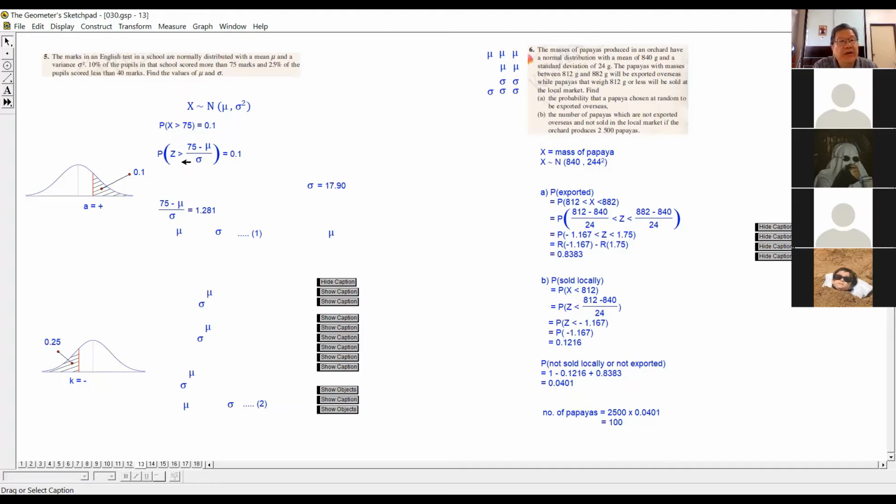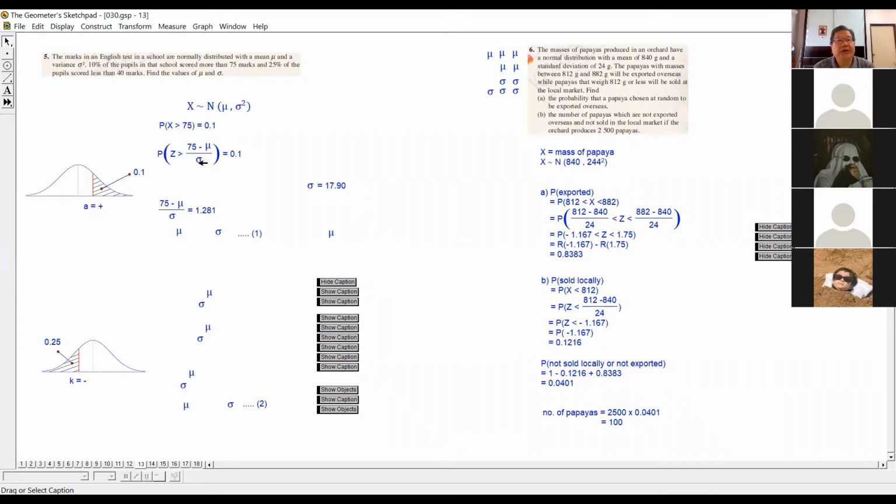We use the formula: 75 becomes the Z score (75 minus mu) divided by sigma. Both mu and sigma are unknown.